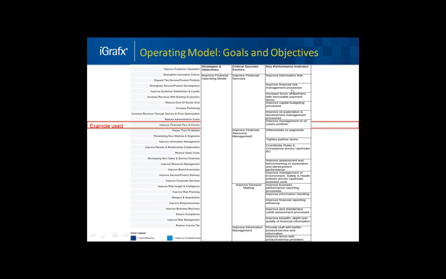So we will go through this much more in detail. This is just the introduction. You will see this slide and these strategies much more. This is just the introduction saying, as most organizations, they have strategies, they have critical success factors, and they have some KPIs defined what they need to do. These are ones that we took from oil and gas, in this case an upstream organization.